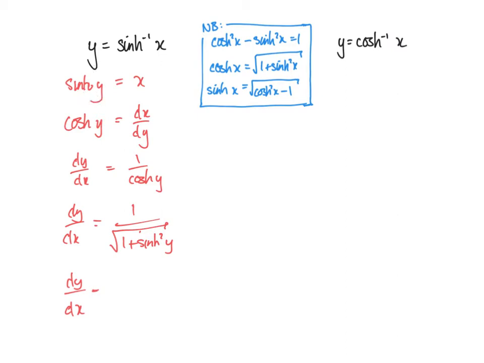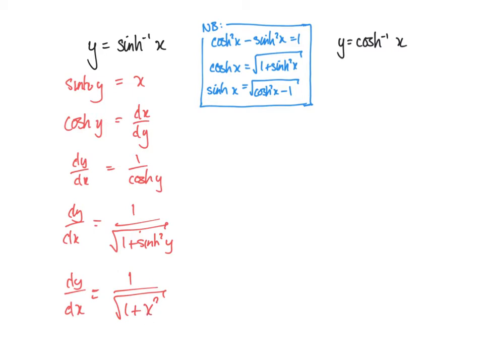If y is the inverse sinh of x, then x is sinh y. And so this sinh squared y is just simply x squared. And so we can plug that back in and get 1 over the square root of 1 plus x squared. So if we start with y equals the inverse sinh of x, when we differentiate y with respect to x, we actually get something with no hyperbolic function in it at all. It's 1 over the root of 1 plus x squared.